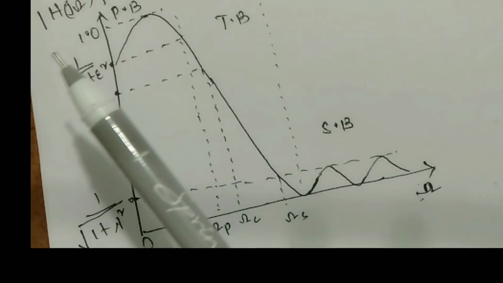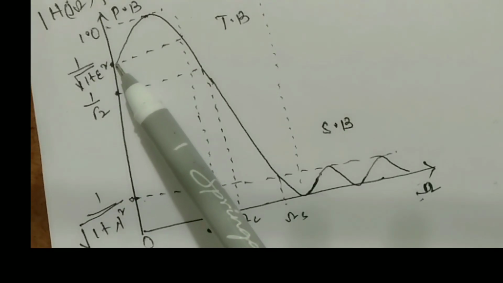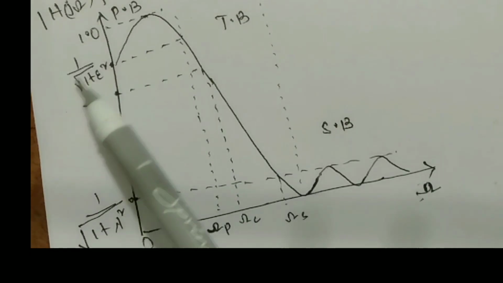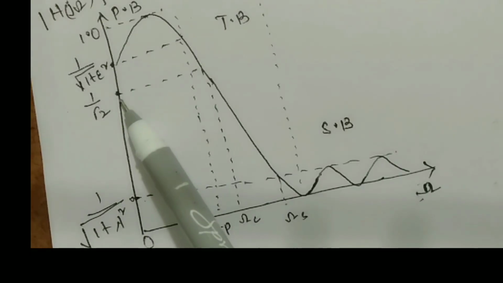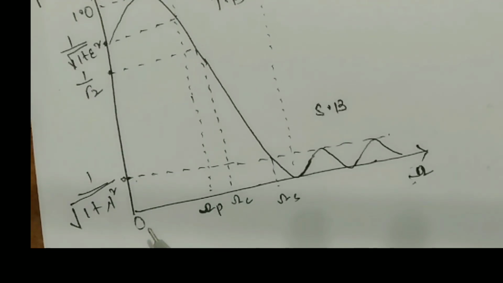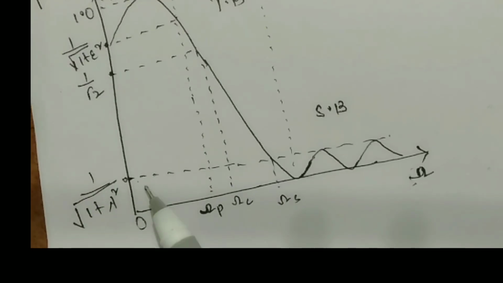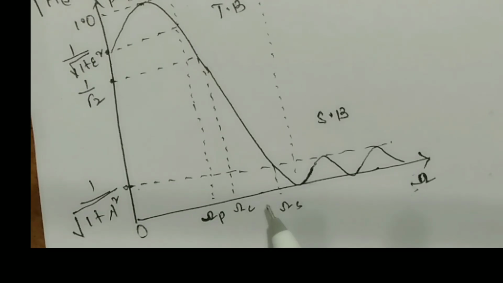See, H of j omega is maximum here, 1, and here the first parameter specifying the allowable pass band is equal to 1 by root of 1 plus epsilon square, and this is the 3 dB frequency I have taken. And here the maximum allowable frequency in the stop band I am indicating is 1 by root of 1 plus lambda square, when the omega is rolling from 0 to omega.